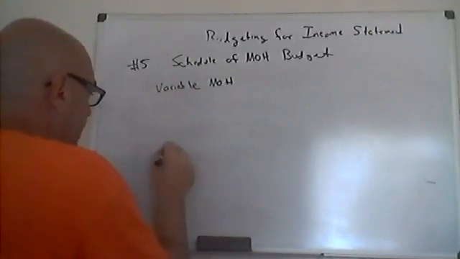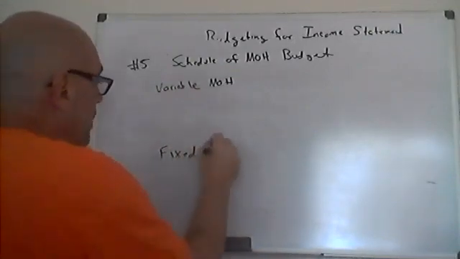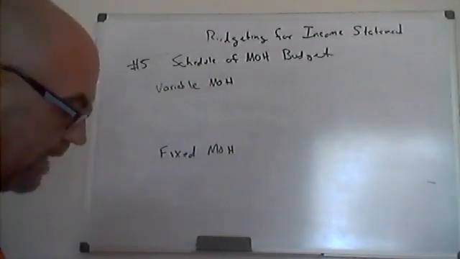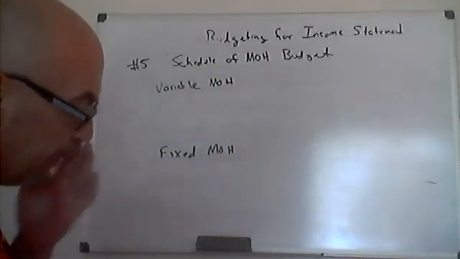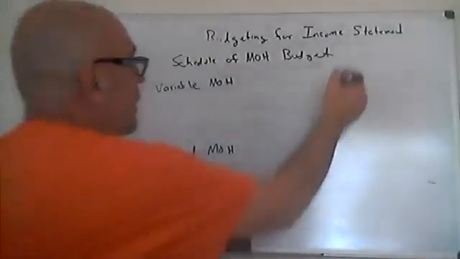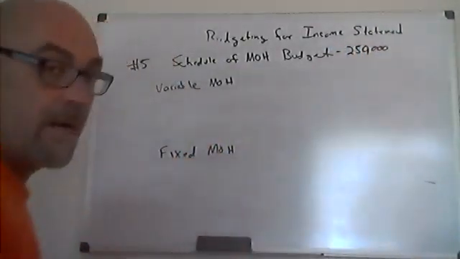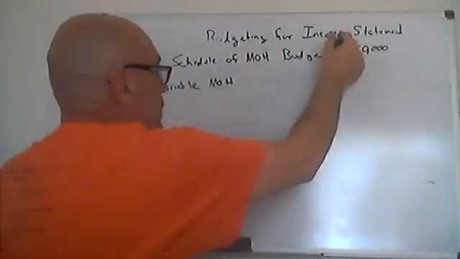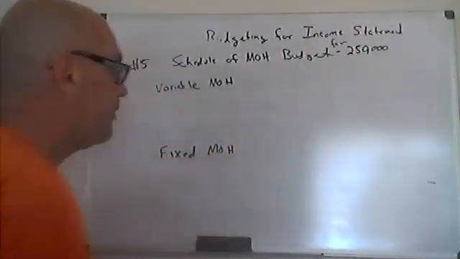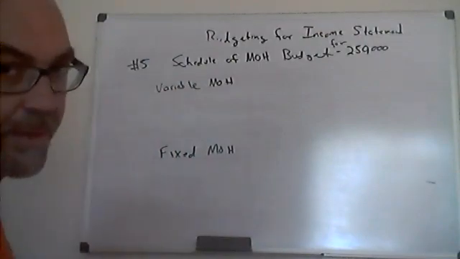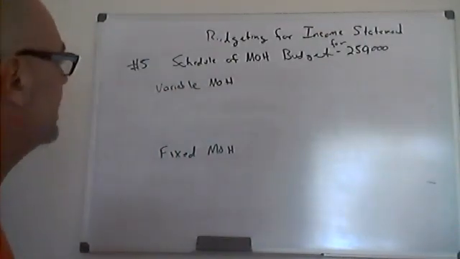Remember, it's broken into two sections. We will have variable manufacturing overhead and we will have fixed manufacturing overhead. Okay. And we are producing 250,000 units. So if you note that on here, 4.